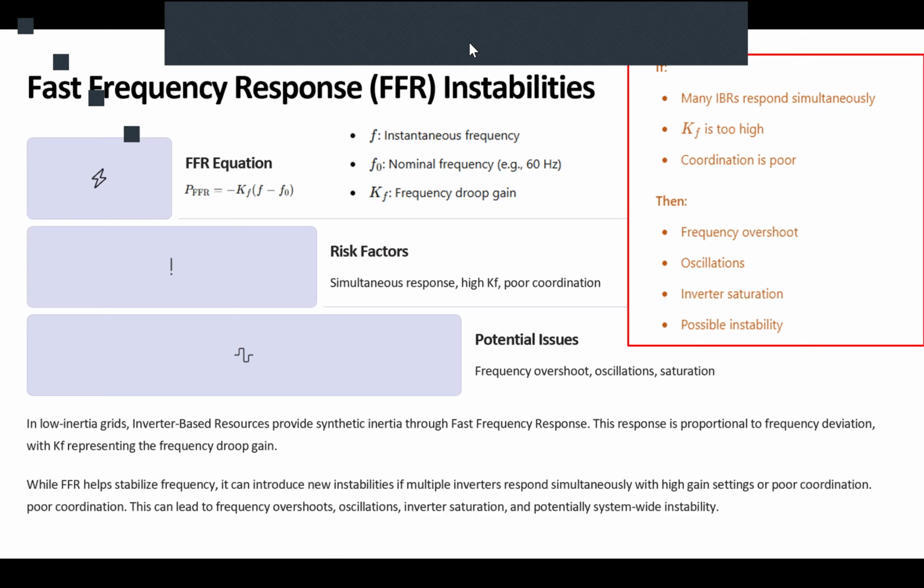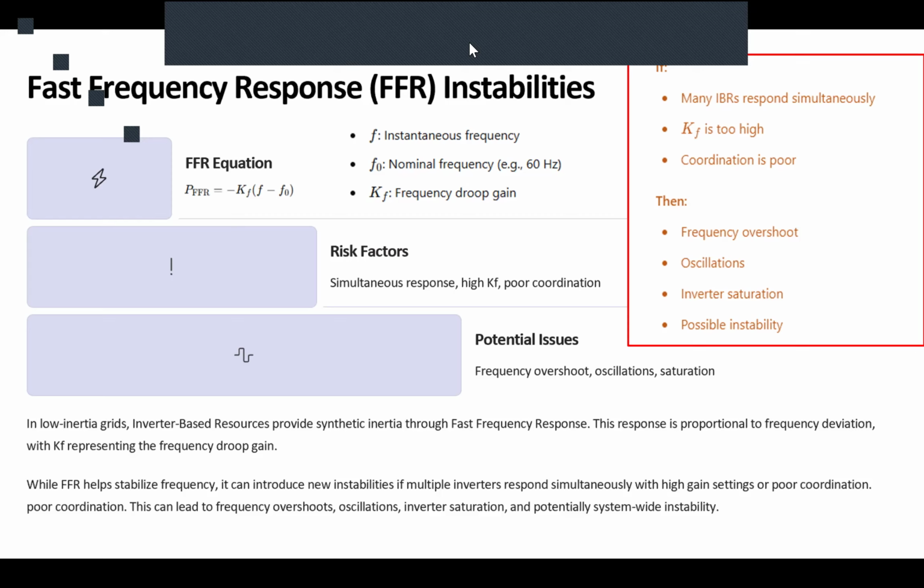That defines how well an inverter could tolerate the changes and not get unstable. That power for fast frequency response is defined based on the frequency loop gain, the nominal gain, and the frequency of the grid, which is the instantaneous frequency.